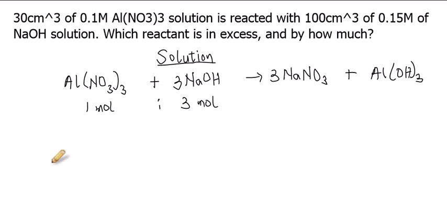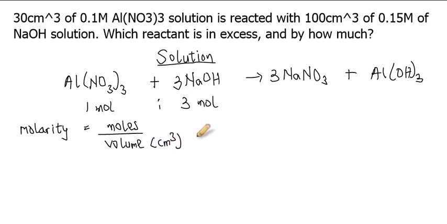To get the number of moles, we'll be using the formula that says molarity equals moles divided by volume in cm³ multiplied by 1000. Don't forget we are finding moles. Moles is what we want to determine, so we'll make moles the subject.